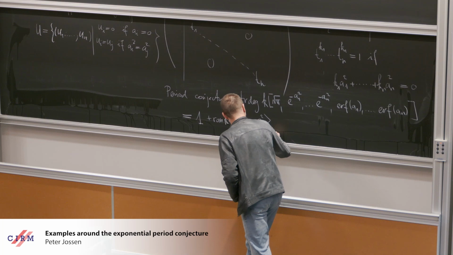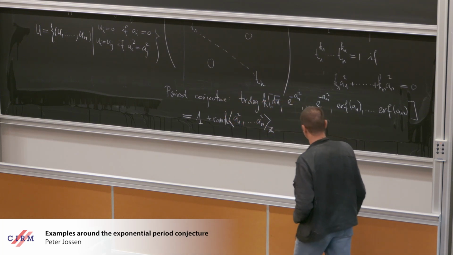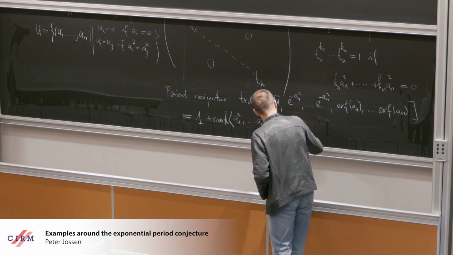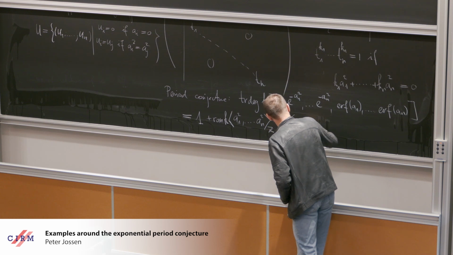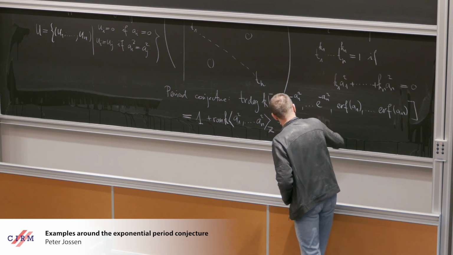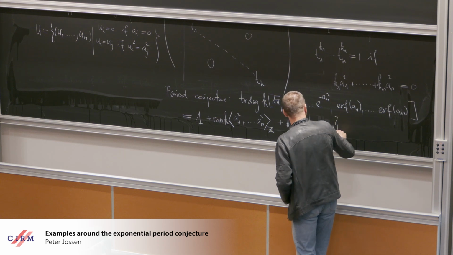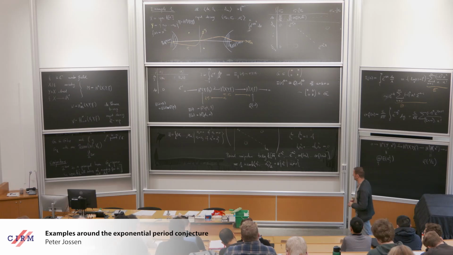So there's the additive group generated by this. That is what comes from the torus, plus the number of a_i squared such that a_i is different from 0. That's the dimension of U. That's what the conjecture predicts.